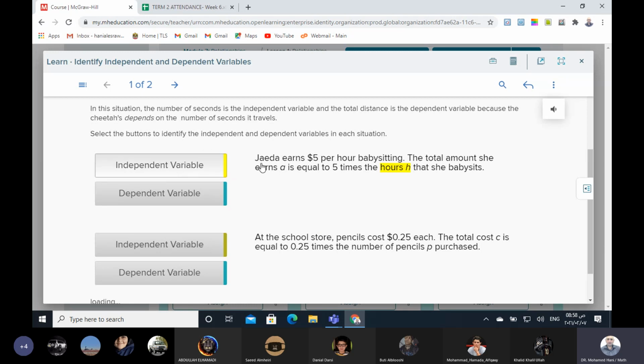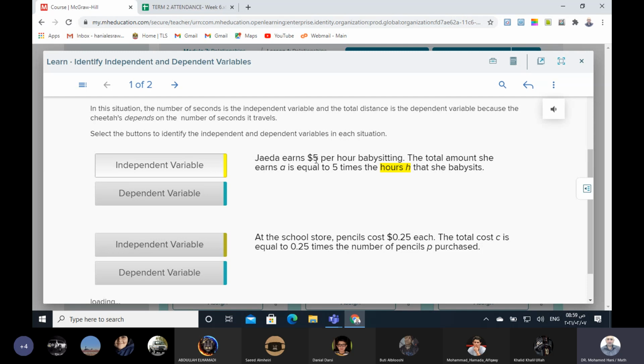Here we have this problem. Jida earns $5 per hour babysitting. The total amount she earned, A, is equal to 5 times the hours. Here 5 times the hours is the relationship between the input and the output.